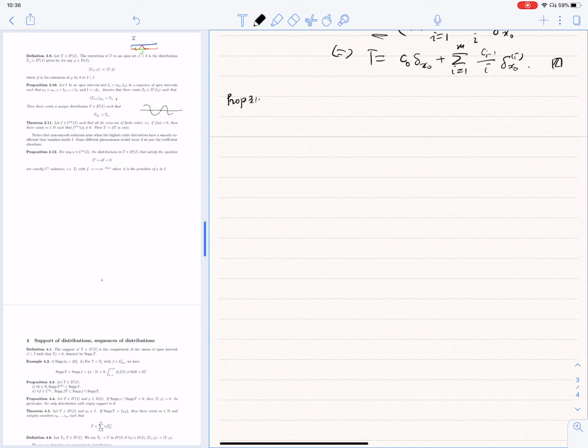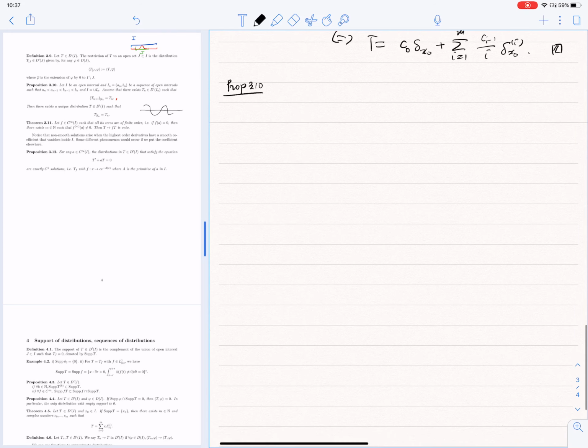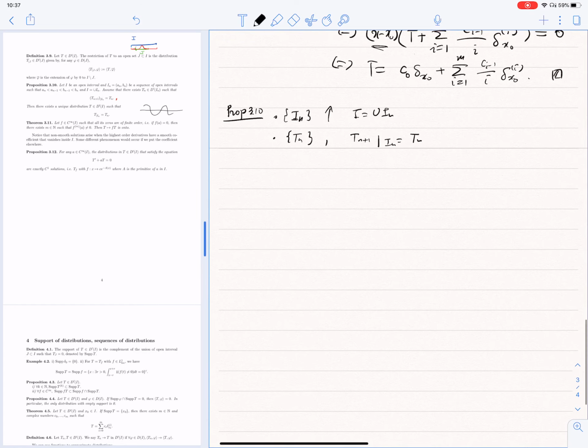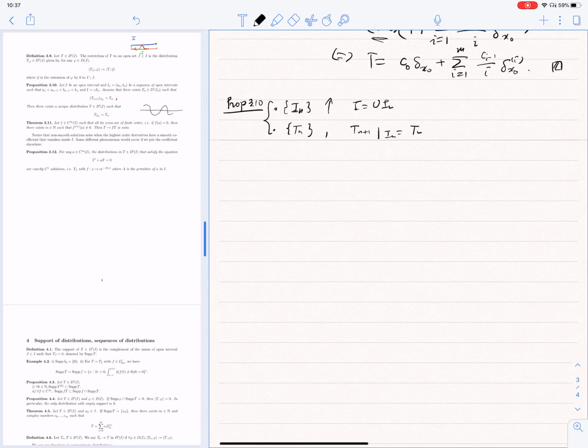Proposition 3.10. So we already know the data: a sequence of intervals I_n which is increasing, and I is the union of everything. We also have a sequence T_n such that T_{n+1} restricted to I_n is equal to T_n, a consistent sequence of distributions. Then we want to show that there exists a distribution on the biggest set.